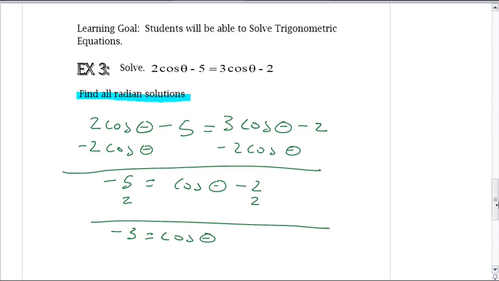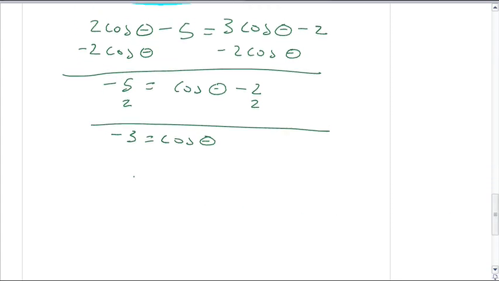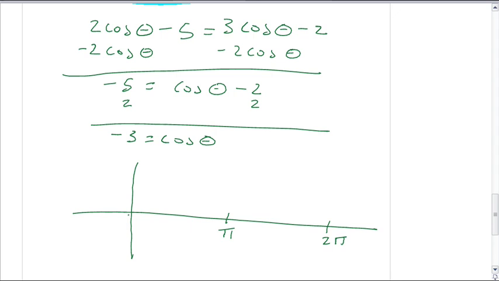Now I have a problem here. If you were to sketch cosine, the period is 2 pi, take half of that, you get pi, add 0 plus pi divided by 2, you get pi over 2, add pi plus pi over 2, you get 3 pi divided by 2, and we know that at 0 the height is 1, at pi over 2 it's going to be 0, at pi it's negative 1, at 3 pi over 2 it's 0 again, and then at 2 pi it's 1.